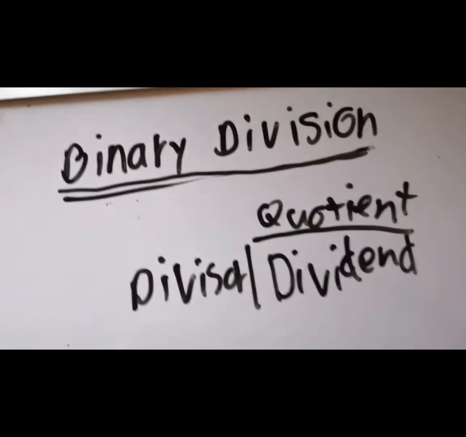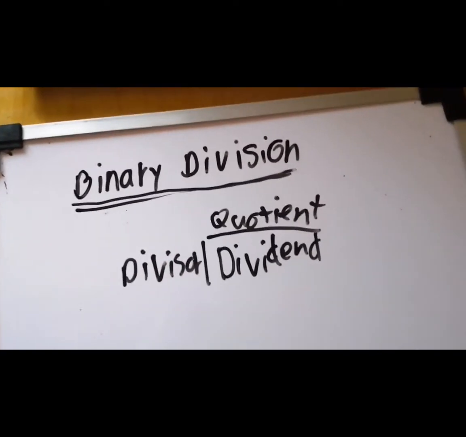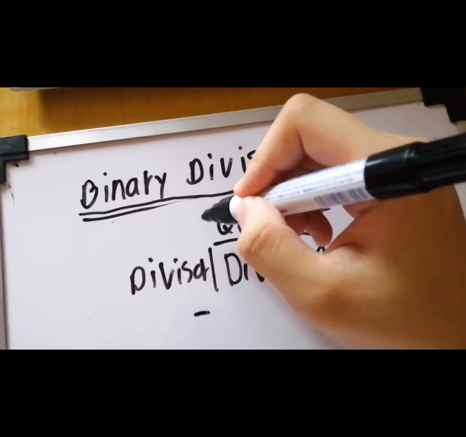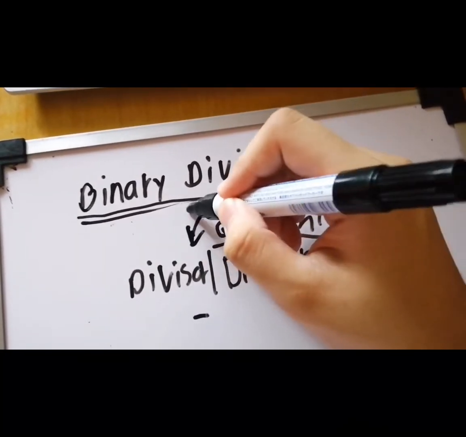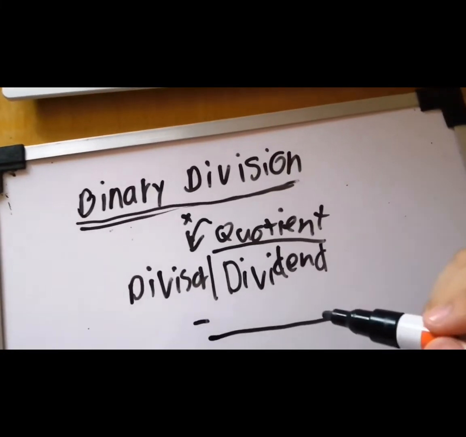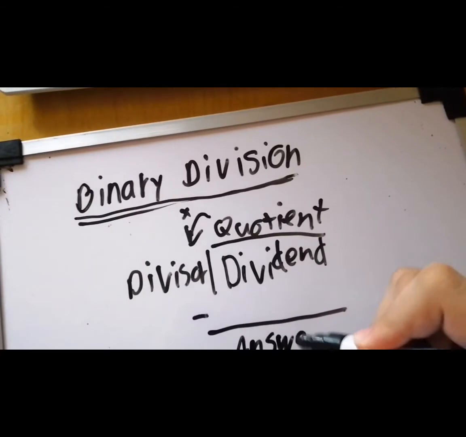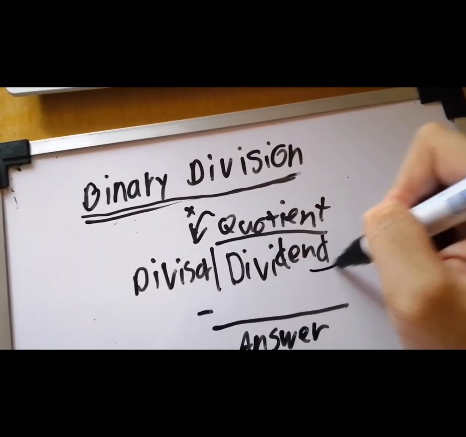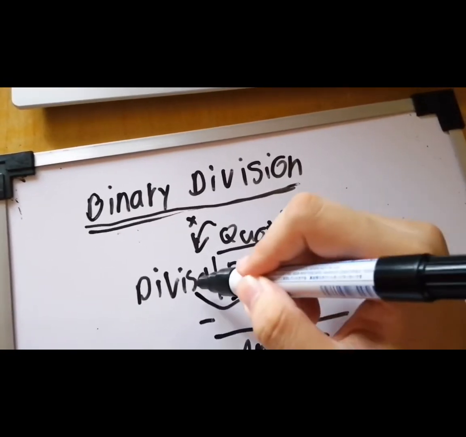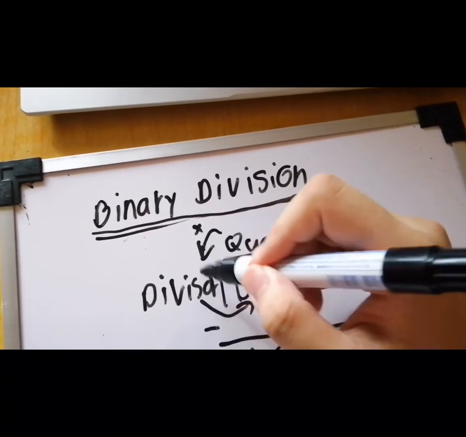Binary division is really not that different in decimal division, with the only glaring difference is that instead of a regular subtraction after multiplying the quotient to the divisor, we're going to use the binary subtraction to get the next answer. Just to get the quotient, divide the divisor to the dividend to get the quotient and multiply to get the next answer.